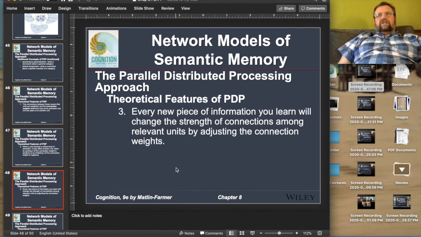That strengthening can occur in a positive way through an increased or excitatory factor of neurons, or it can be inhibitory, a reduction in terms of lowering the weight of certain connections.